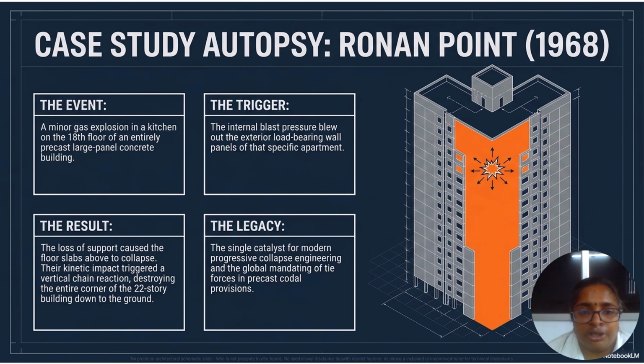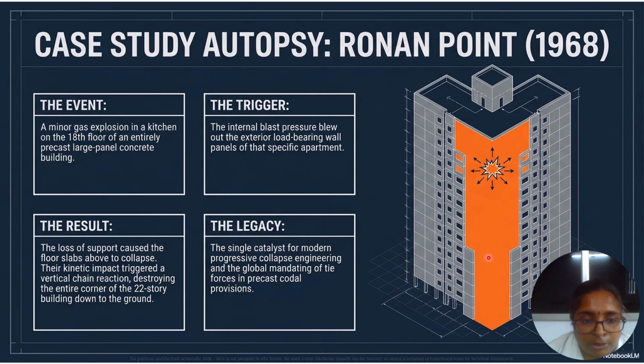The case study regarding progressive collapse is Ronan Point, which happened in the year 1968. The event: a minor gas explosion in the kitchen on the 18th floor of an entirely precast large panel concrete building. The trigger: the internal blast pressure blew out the exterior load-bearing wall panels of that specific apartment.